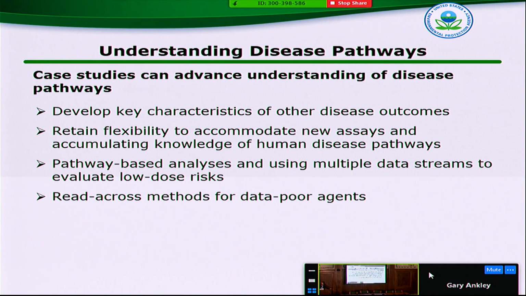Developing key characteristics of other disease outcomes is something I think we would like to do at EPA, and I think the value we've already been seeing in cancer can be used elsewhere as well. Again, retaining flexibility to accommodate new assays that are being developed and new understanding.